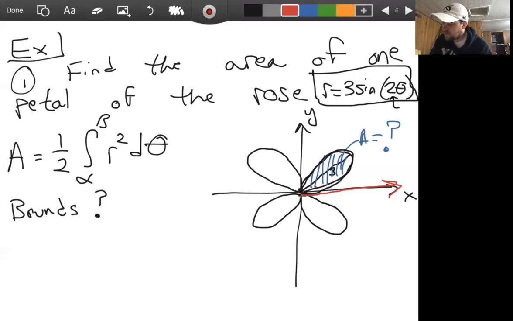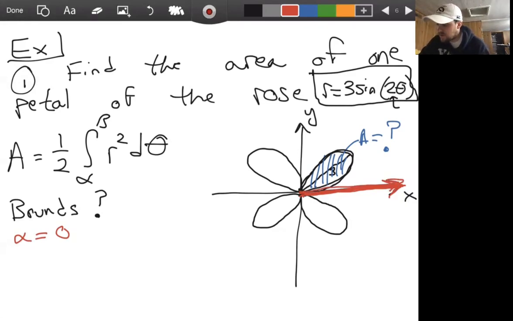So that means the first ray that we're bounded by here is alpha equals 0, right? When we're starting this here, we want to take the ray corresponding to the first theta value that we have here, right?